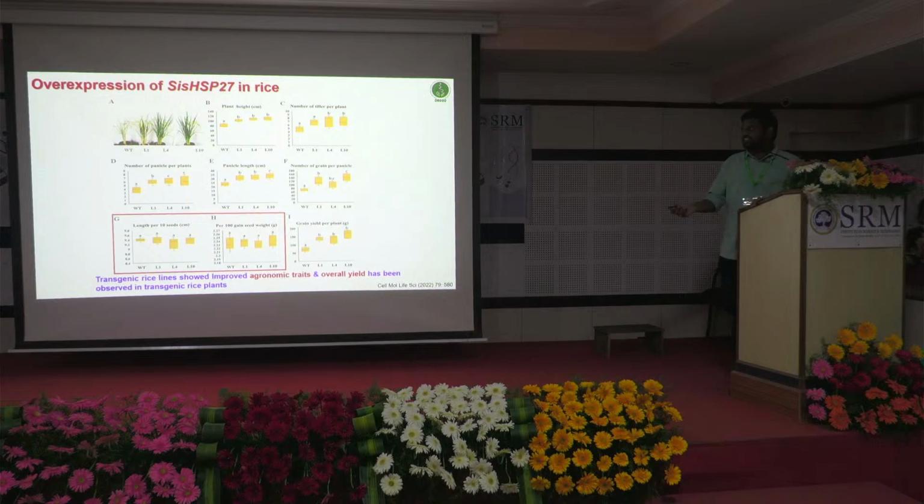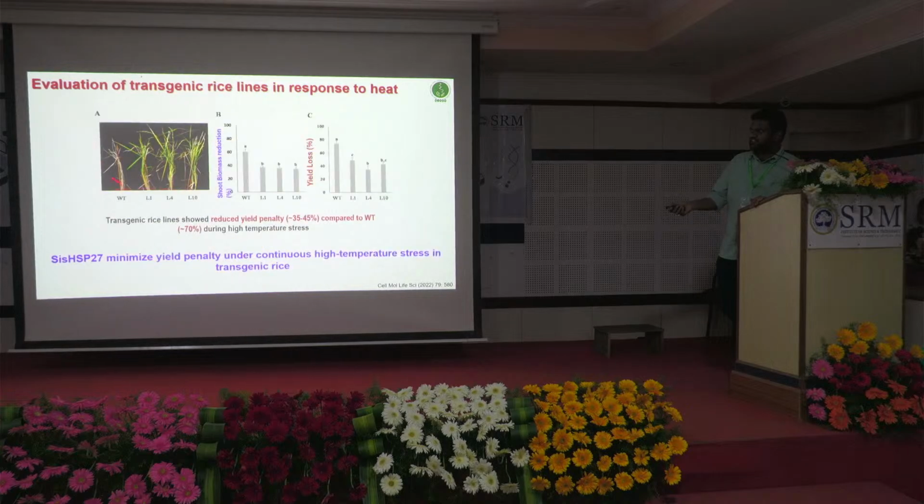The transgenic rice lines were able to survive even up to 45 degrees, whereas the wild type plants could not survive. You can see severe wilting in the wild type plant, whereas the transgenic lines were surviving up to a temperature of 45 degrees centigrade. This story has been published.